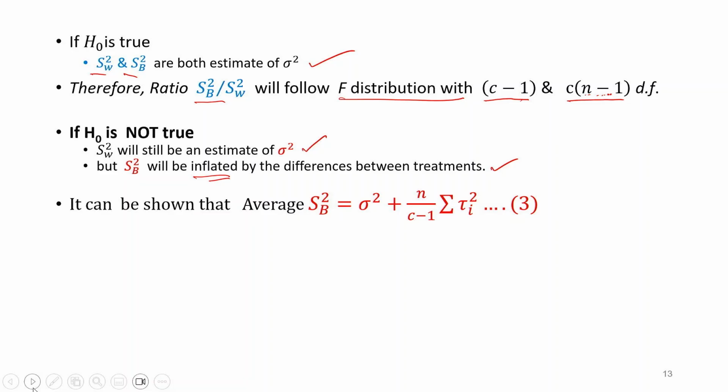It has been shown that the average value of S squared B is given by this equation. You need not know the derivation, but it shows that S squared B is sigma square plus n by c minus 1 times the summation of tau j whole square.